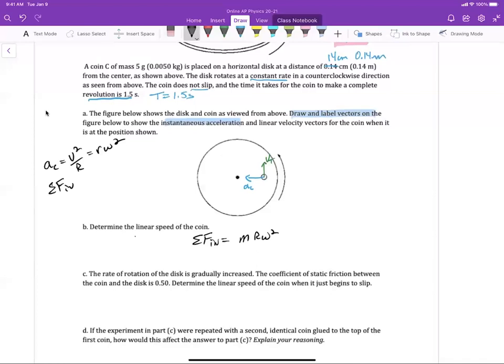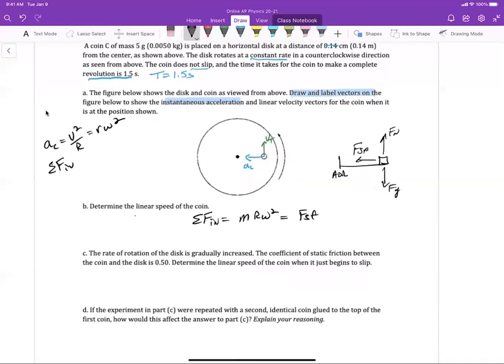That is equal to the static friction. Looking at the side view, here is the axis of rotation. I have normal force, force of gravity, and static friction inward.